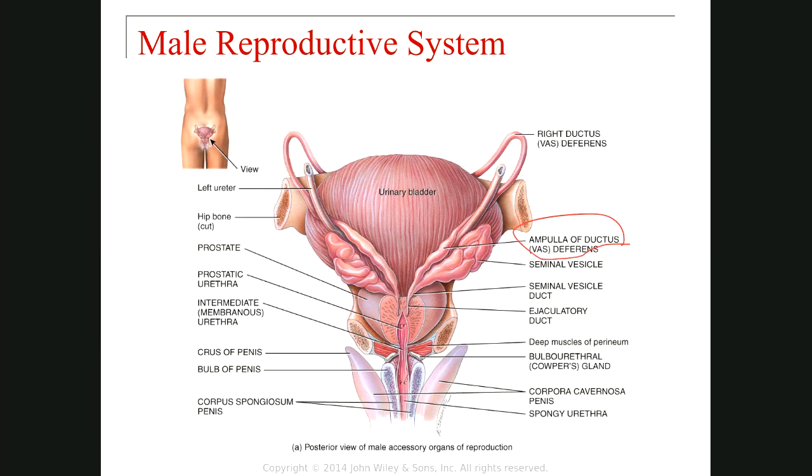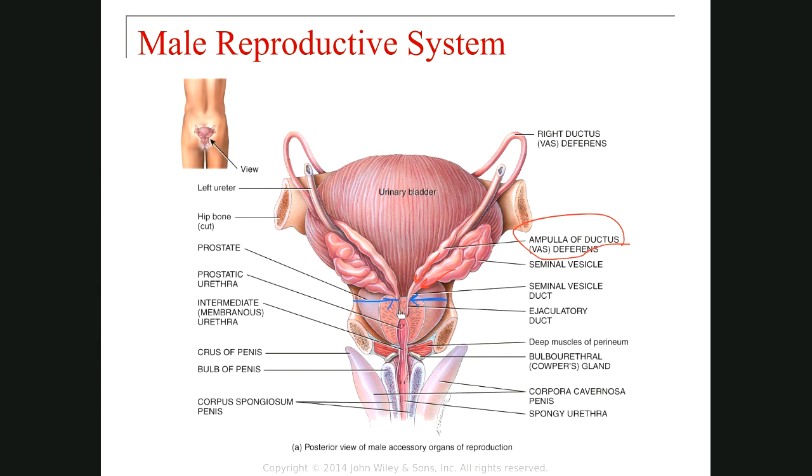As you see here, this ampulla and the duct of the seminal vesicle combine together, and the result is this short duct on both sides.